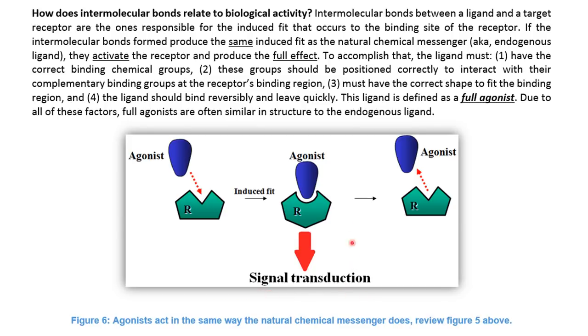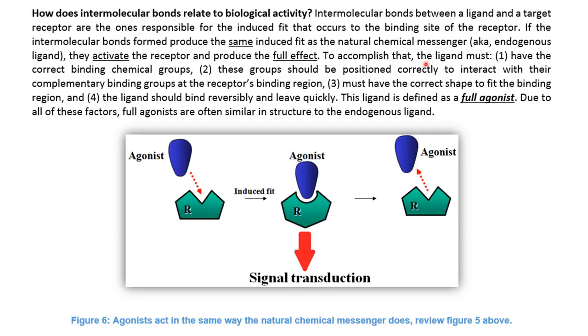Now, if we need to design a drug that should produce the same biological effect, then we would design a molecule that should produce the same induced effect that the natural chemical messenger will produce, and thus lead to the signal transduction and the biological effect desired.